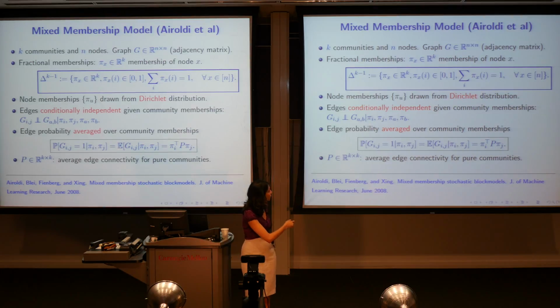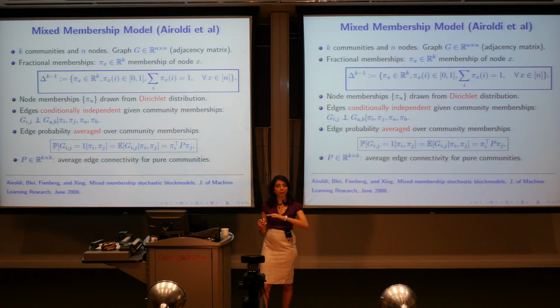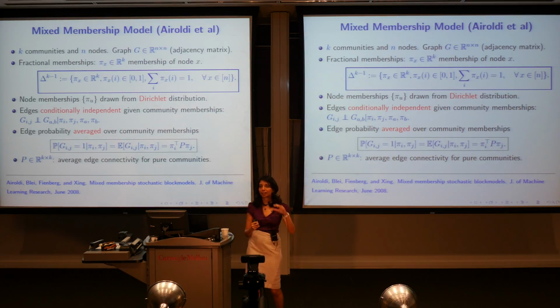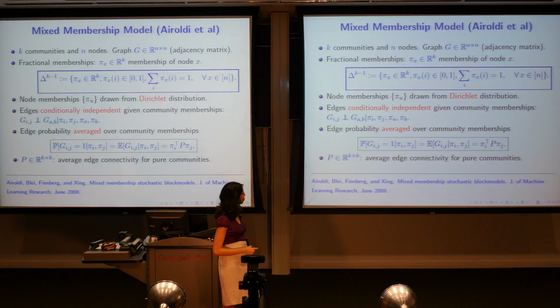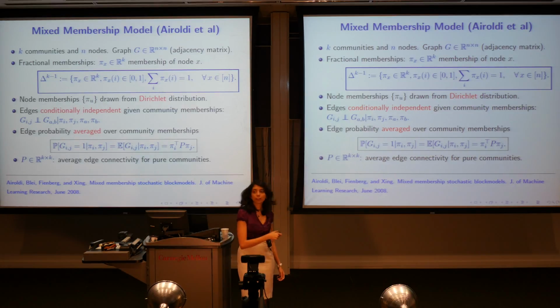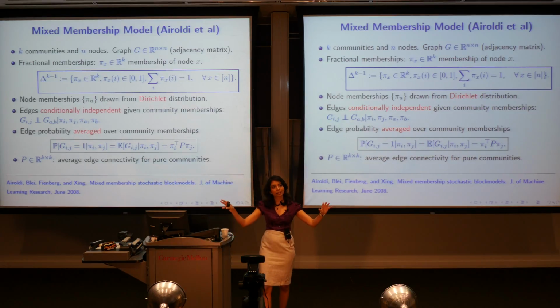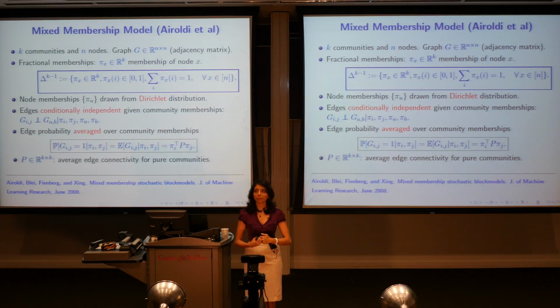So this was in terms of how these unknown community memberships are drawn. So my latent variables are this set of vectors pi x or pi u, the memberships of different nodes. So now this is the generative model. Given all these hidden variables, how am I generating my observed variables, which are the edges in my graph?